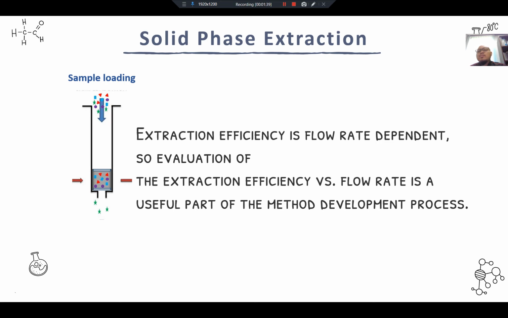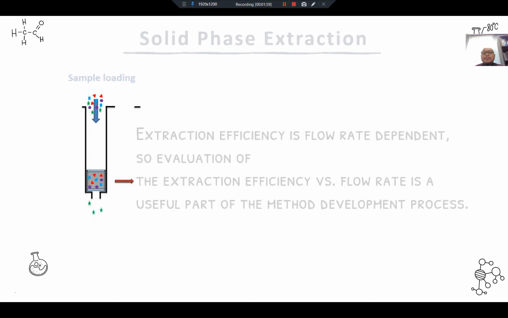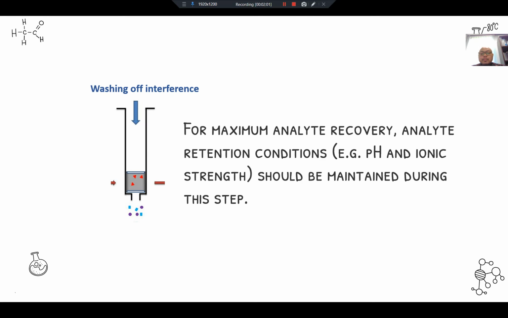Let's say if you investigate at 0.5, you can already obtain about 80% recovery. So instead of wasting 10 minutes, you can finish the process within 5 minutes. So you need to study the flow rate as well. That's the example that I can give you.